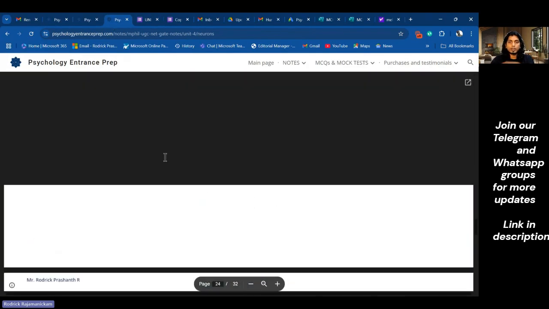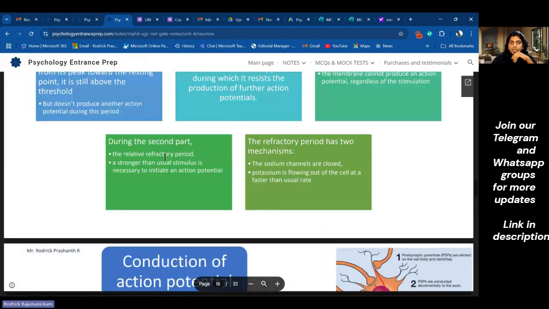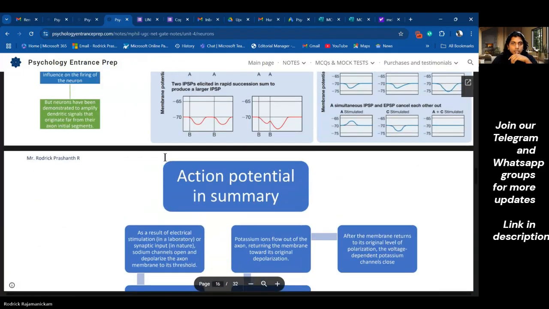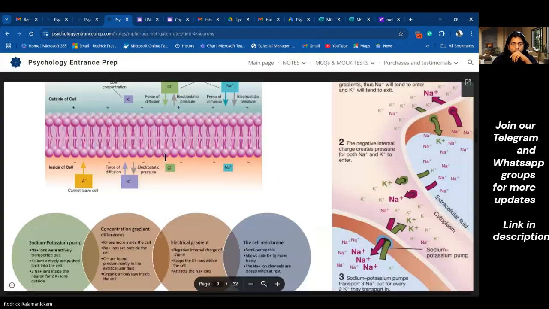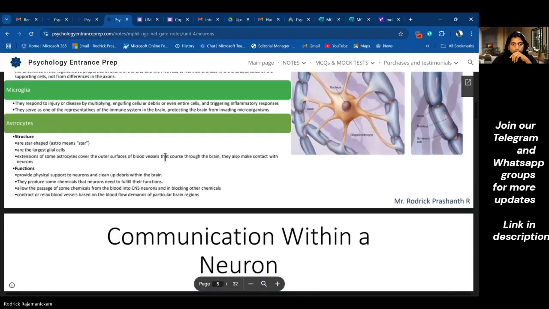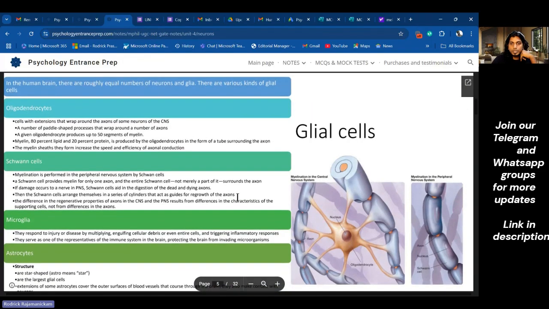There are basically four major glial cells. An oligodendrocyte connects several neurons at the same time and myelinates them. This happens in the central nervous system. In the peripheral nervous system, one myelin sheath is made by one Schwann cell.